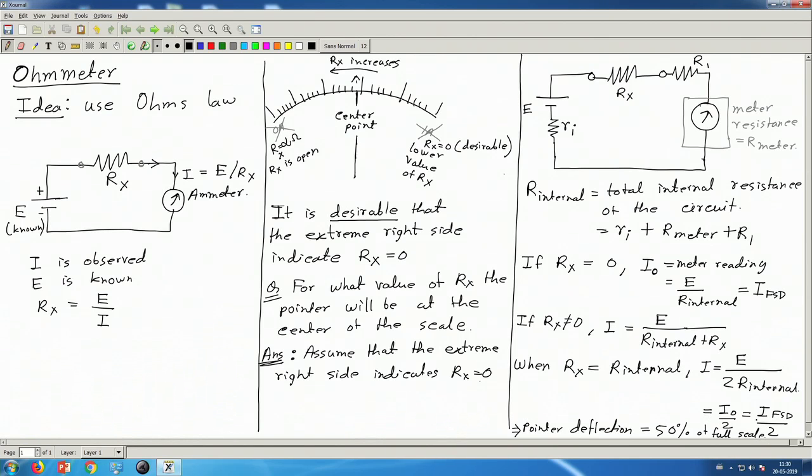That means the pointer will be here at the center. So, if I choose Rx the same as the total internal resistance, then under that situation the pointer will be here at the center.